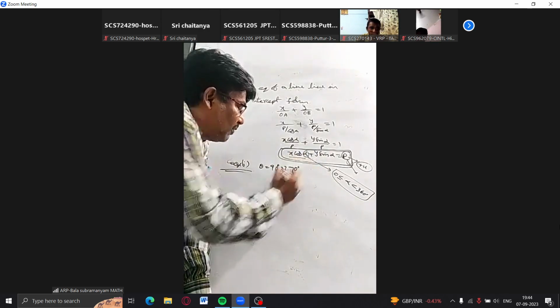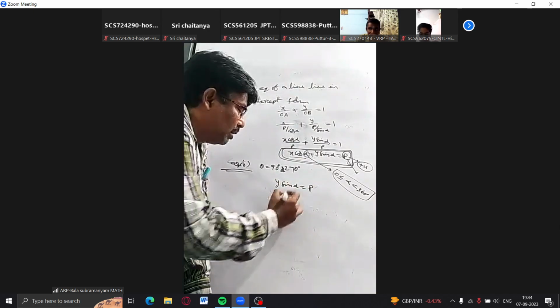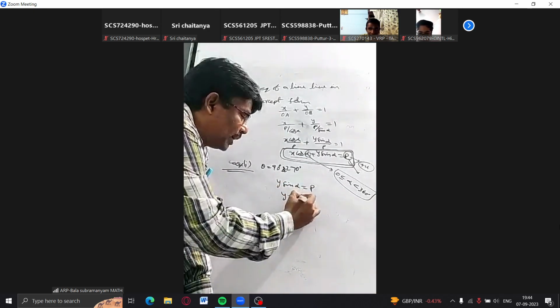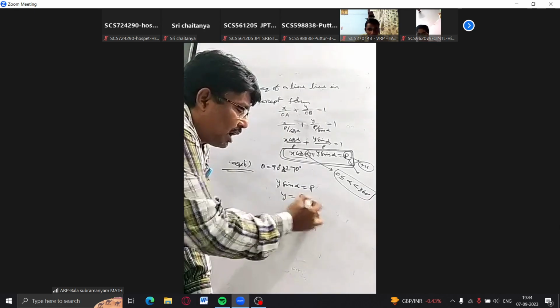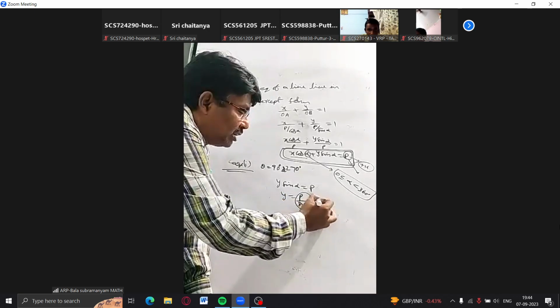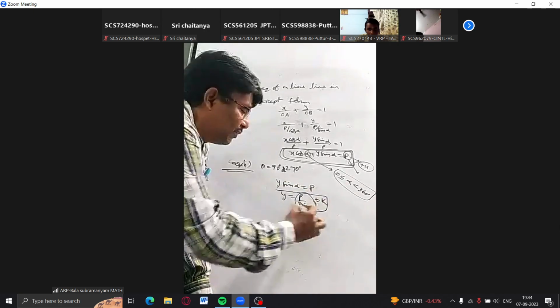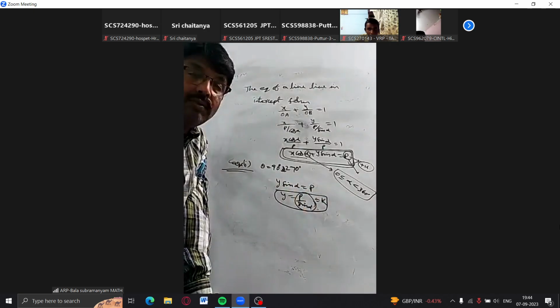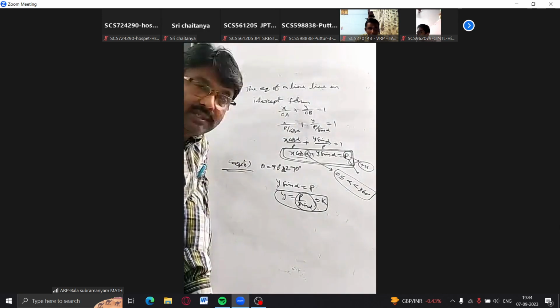So the equation becomes y sin alpha is equal to p, so y is equal to p by sin alpha. Here p and sin alpha are constant, so this can be taken as k, which is of the form y is equal to k. Y is equal to k is the line parallel to x-axis.